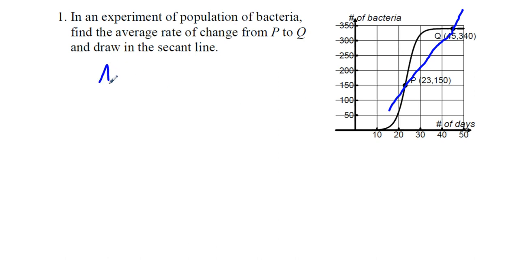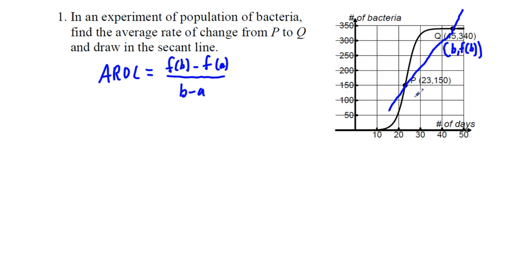Well, your average rate of change is going to be f of b minus f of a over b minus a. So Q is going to be this 45 comma 340, which we can call b comma f of b.